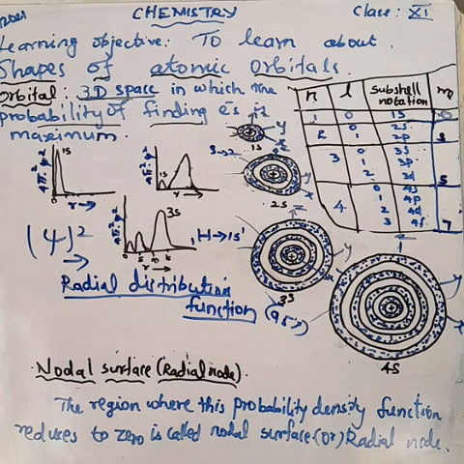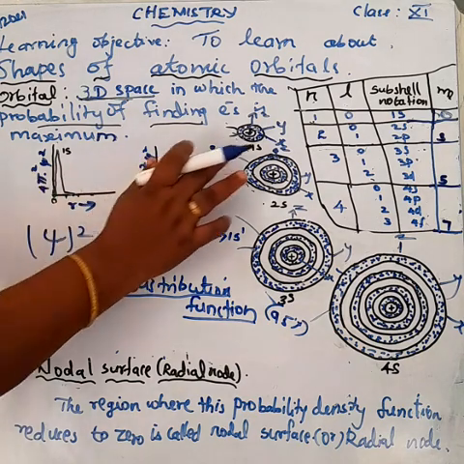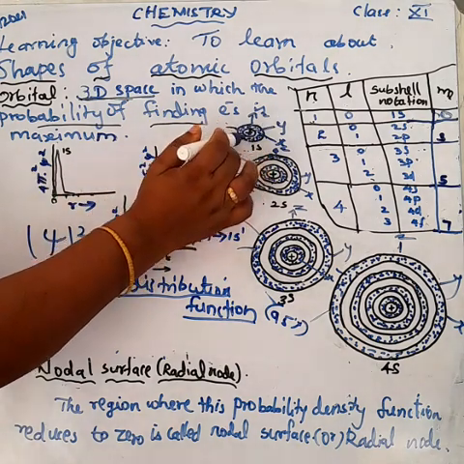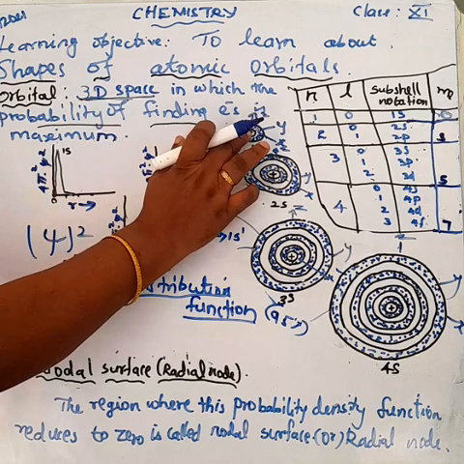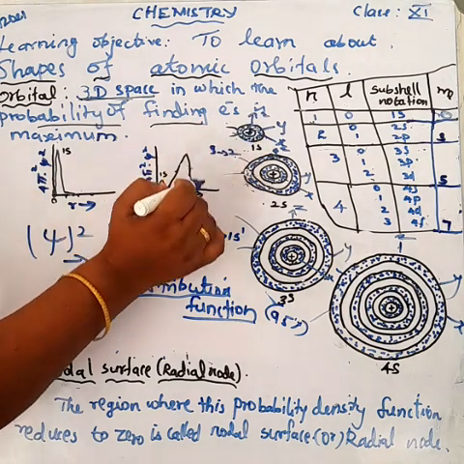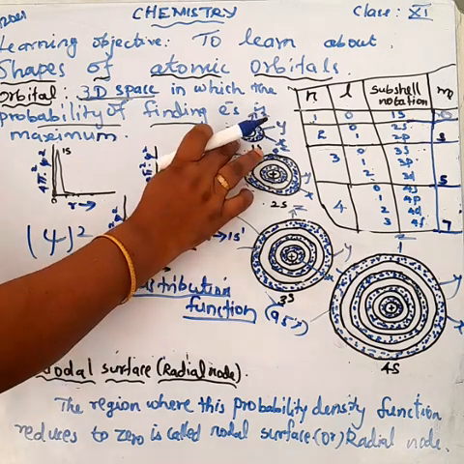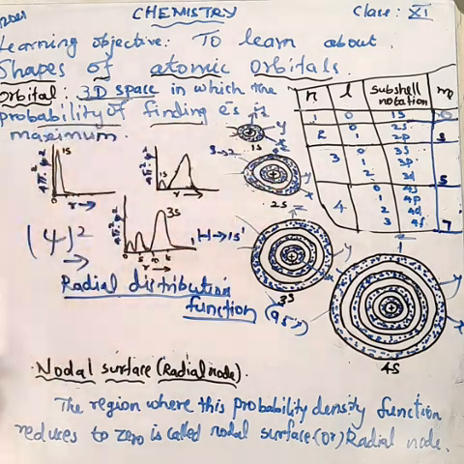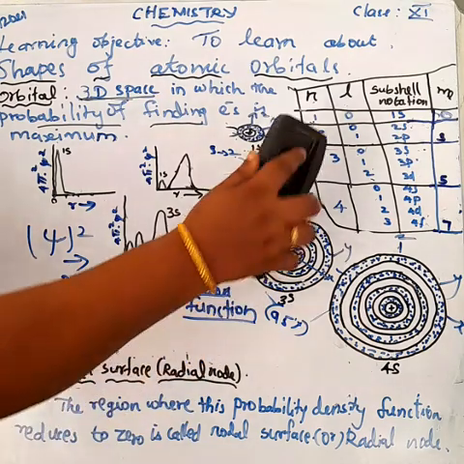For the 1s orbital, the electrons are very close to the nucleus. The 1s orbital can have two electrons, but for the hydrogen atom only one electron. This electron is very close to the nucleus. That is R. R means the distance between the nucleus and the electron.